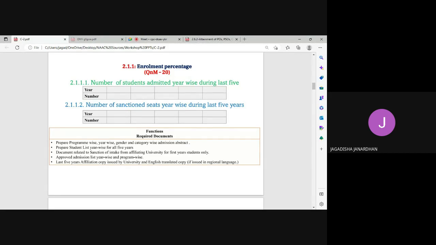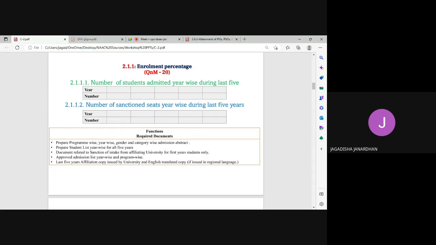Our affiliation letter needs to be mentioned at the IIQA stage itself. The NAAC people will take whatever programs we have mentioned in the IIQA, and that will appear here directly. So even if a program is not functioning, the number of seats sanctioned for that program also has to be included.